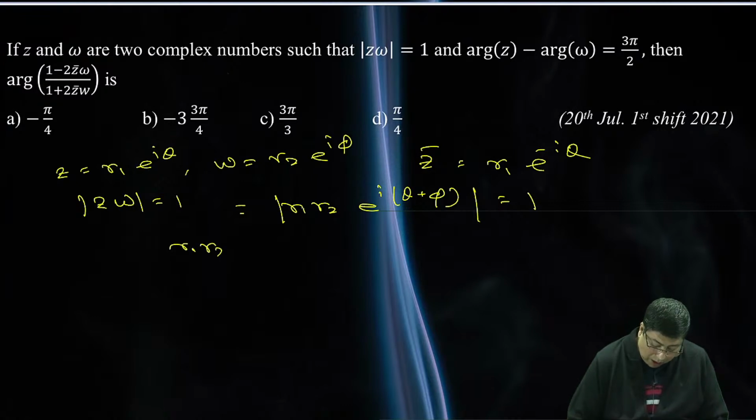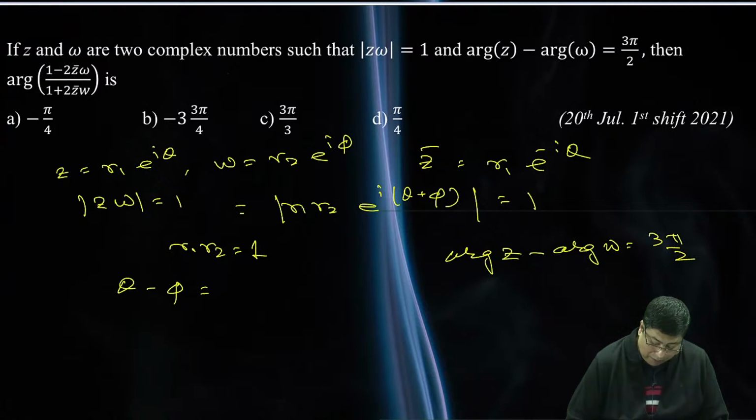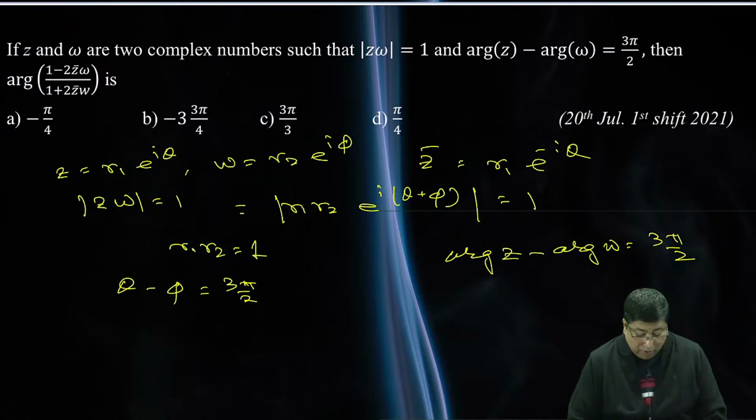So r1 r2 equal to 1. Given that argument of z minus argument of omega equal to 3 pi by 2. So it means theta minus phi, argument meaning angle, theta minus phi equal to 3 pi by 2. First of all, we have to get this value.